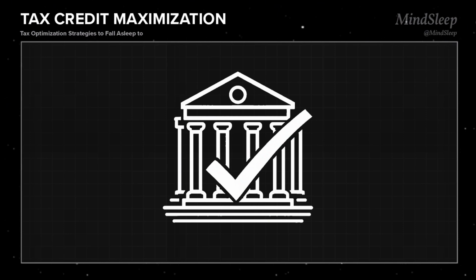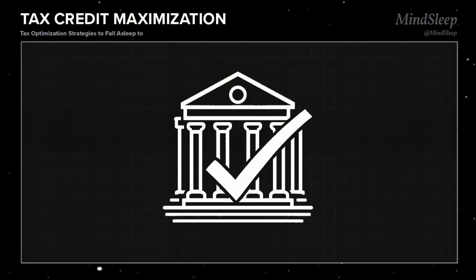Let's delve deeper into the nuances of credit optimization. Take the Child Tax Credit as an example. Recent legislative changes have significantly altered its landscape. Understanding these changes and how they interact with your specific financial situation can lead to substantial tax savings.